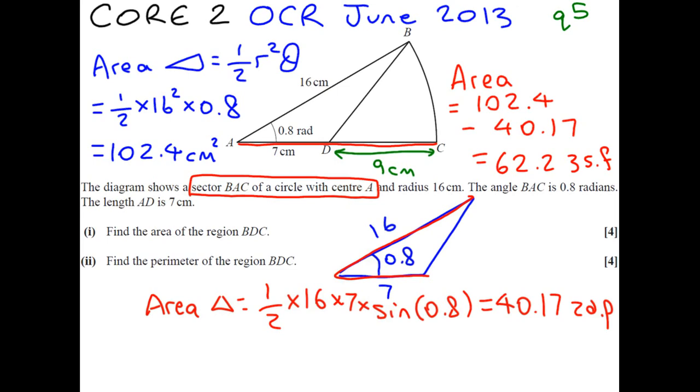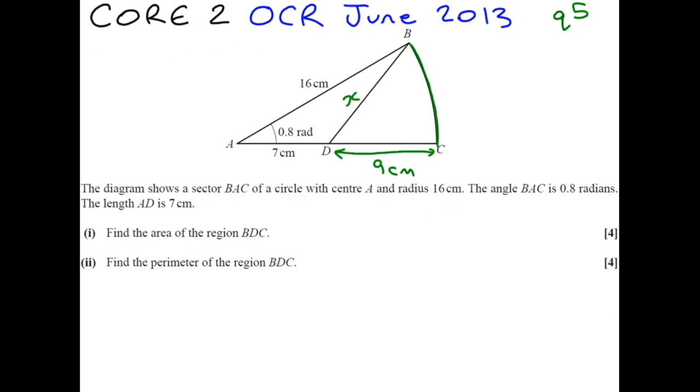The second part of the question is talking about the perimeter of the same region. So for perimeter, we need to find this length. We already know this is 9, and we also want this unknown length here, which we might as well call x. So let's clear off everything else and look at finding the perimeter of the shape BDC. If we think about this triangle, this is what we're going to use to find the missing length x.